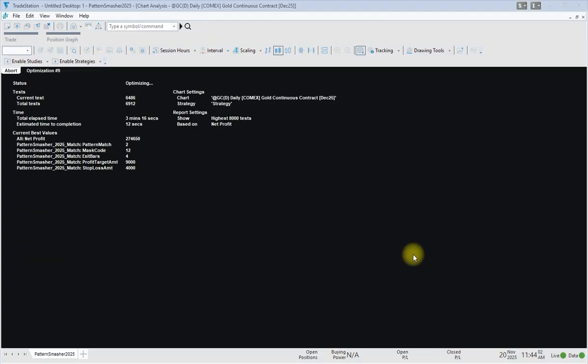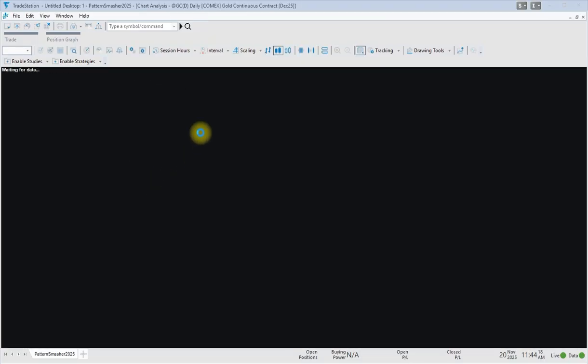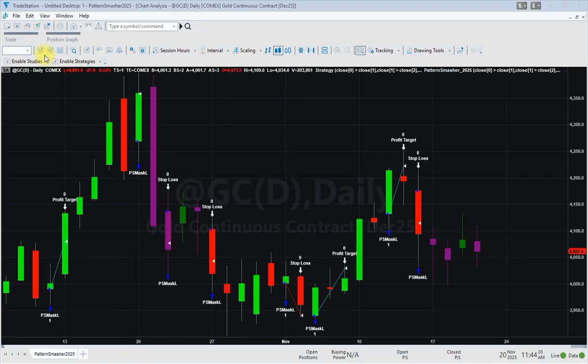So let's see what happens. So far the pattern match is 2 and the mask code is 12. That's producing the best performance of $274,650. The exit bar is 4, $9,000 profit objective, and $6,000 stop. So let's see what that looks like.